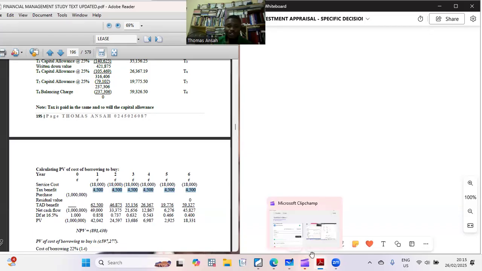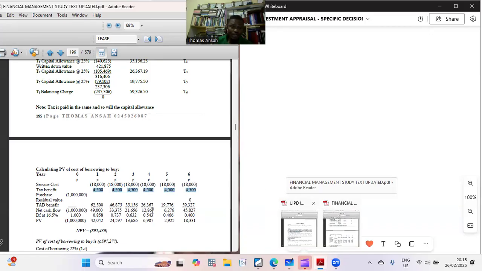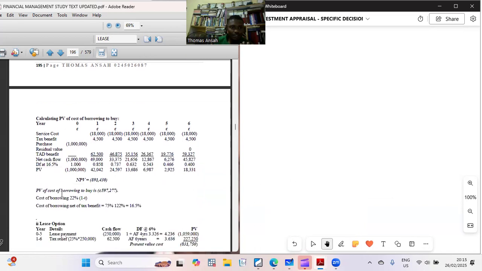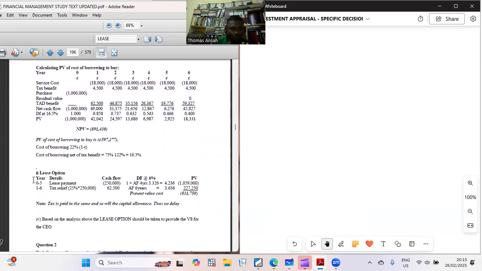So we didn't do it in this side because there is no tax. What you need to understand is that for every expenditure that you are doing, there is a tax effect. For example, this is the lease aspect, and the lease aspect didn't have anything like repairs or service cost.